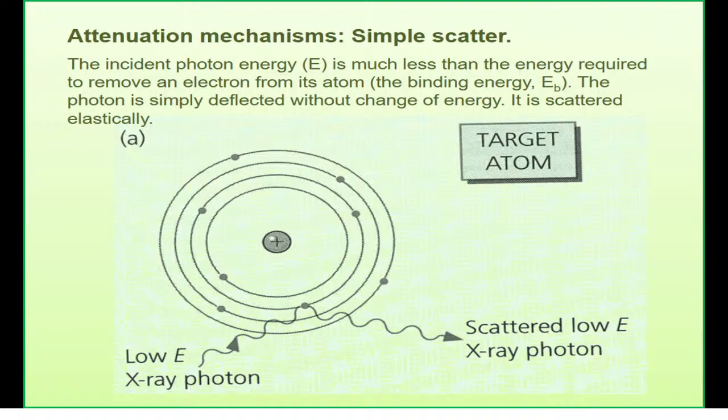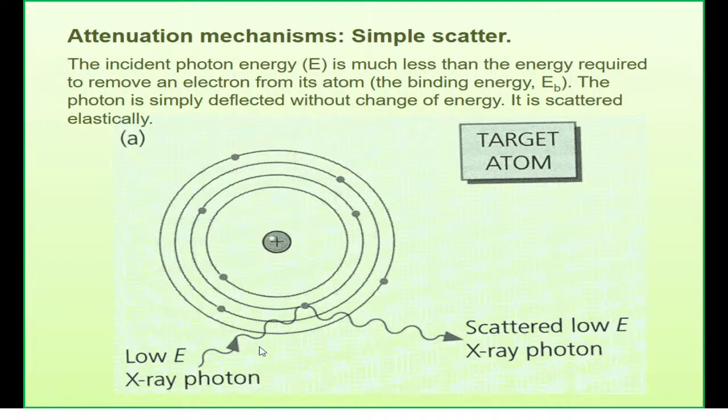The rest of the energy the atom obtained is released as a photon of the same energy as the striking X-ray photon. But you can see here in this diagram that the direction of motion of the re-emitted photon is different with respect to the striking photon.